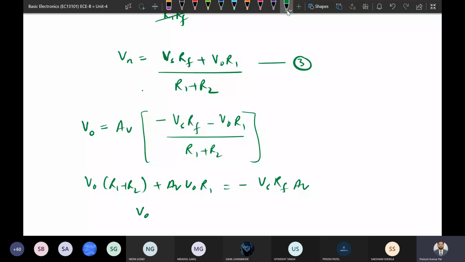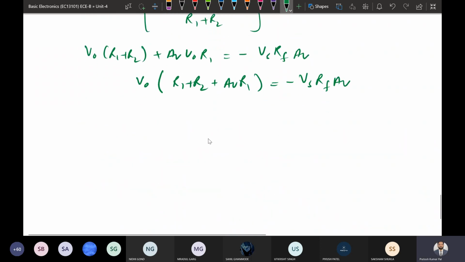So V0 we will be taking outside common. It will be V0 times R1 plus R2 plus AV R1 is equal to minus Vs Rf AV. Okay. So V0 will be minus Vs Rf into AV divided by R1 plus R2 plus AV R1.